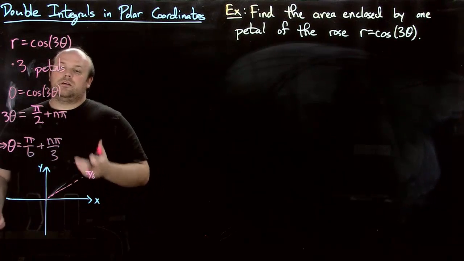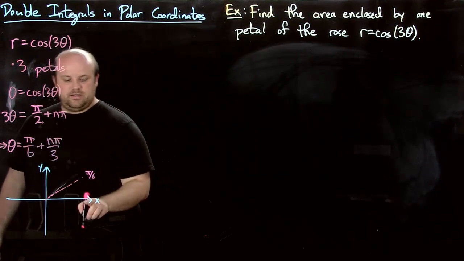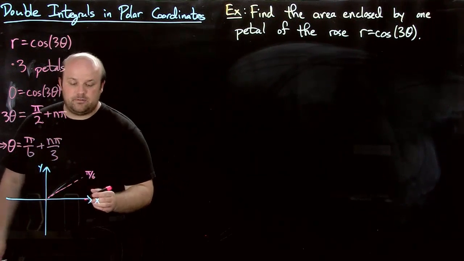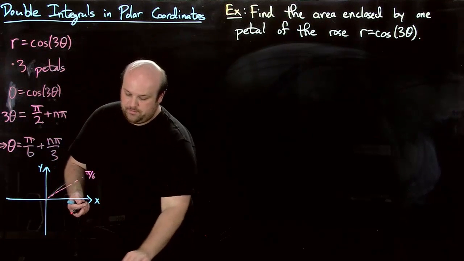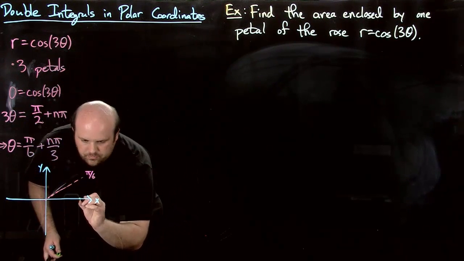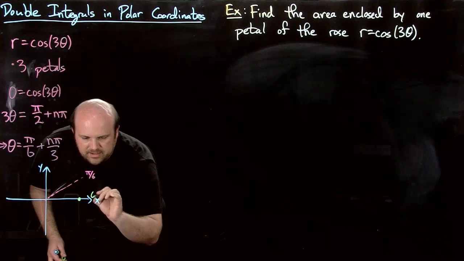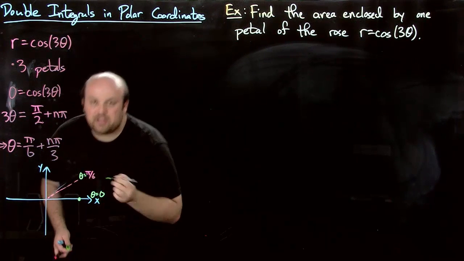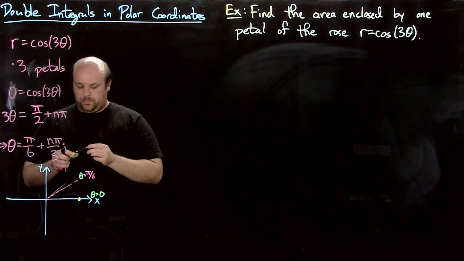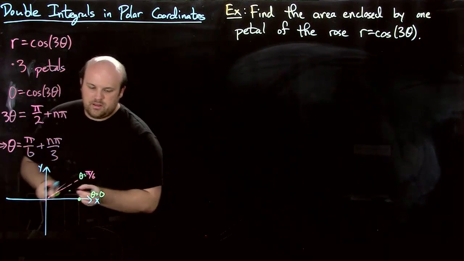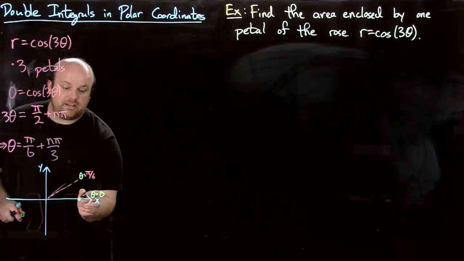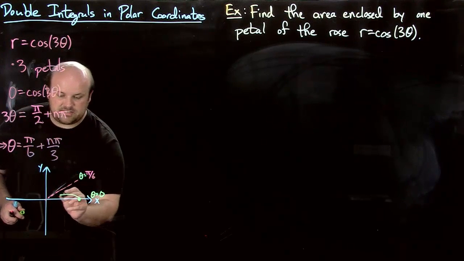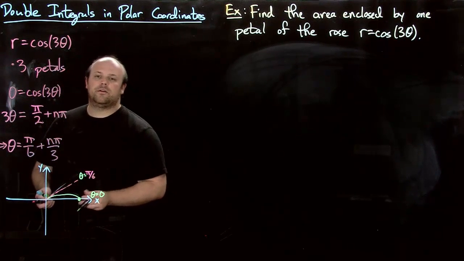And we can check that at theta equals 0, the function is 1. So this is theta equals 0, and this is theta equals pi over 6. So from theta equals 0 to theta equals pi over 6, we're going in here.